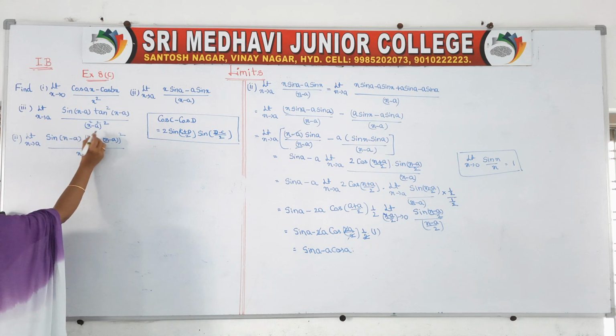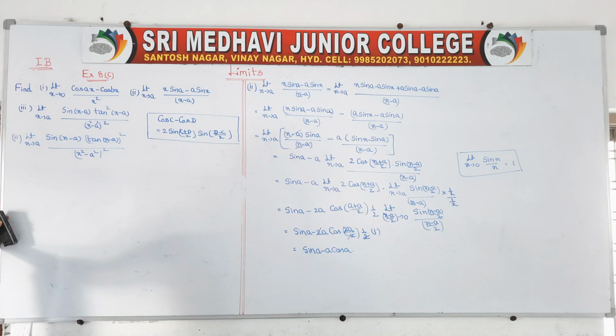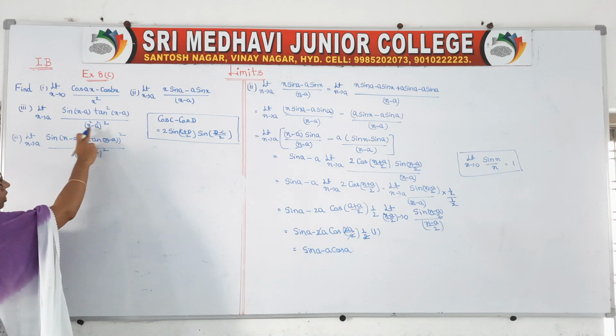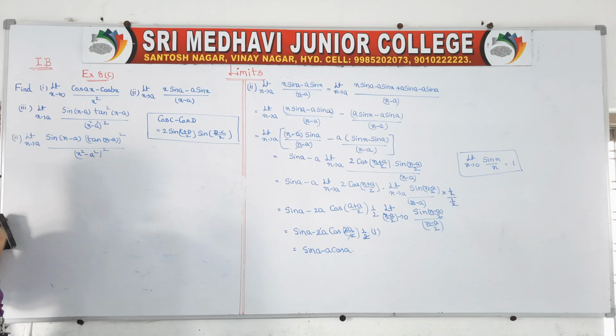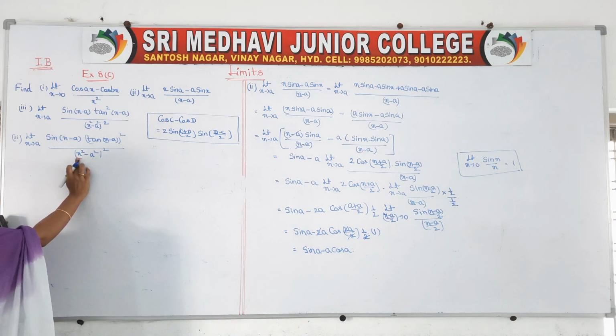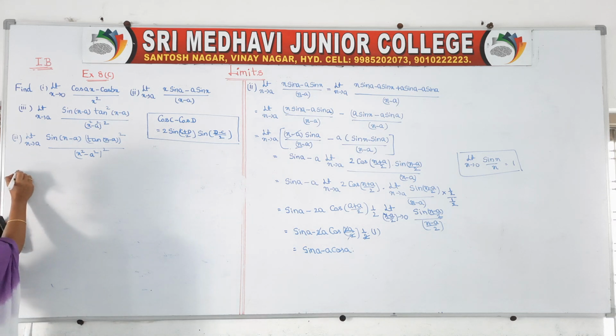Okay, so x square minus a square, which form is it? It is a plus b into a minus b form. Be careful, that's why I am saying. So, this is the question. They are standard questions, they do not change the values of any particular item. So, this is a square minus b square, so a plus b into a minus b form we can write.